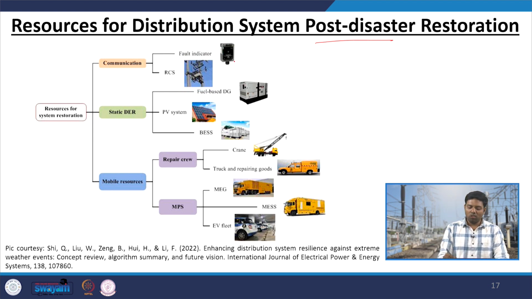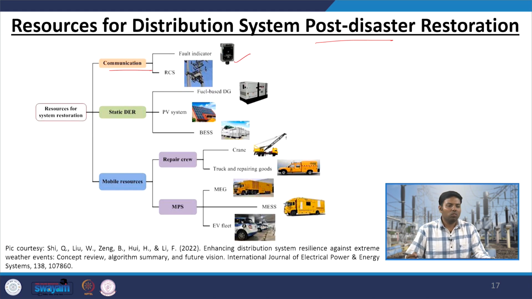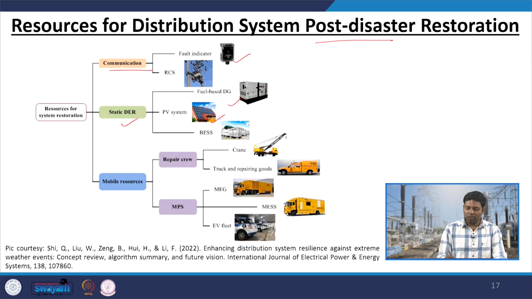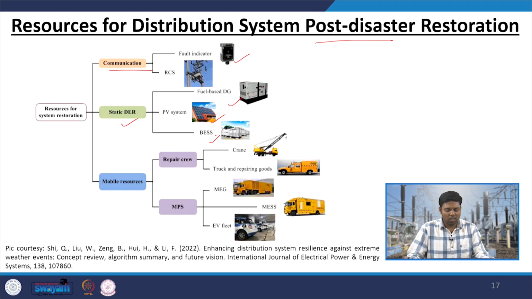That means you can use the fault indicator, your real time controller and the communication facility to identify where the hazard or any fault has happened. Second, you have your DERs at a few locations like your storage, your PV system, your diesel generator. You locate them and turn them on to supply as a backup to your critical customers.